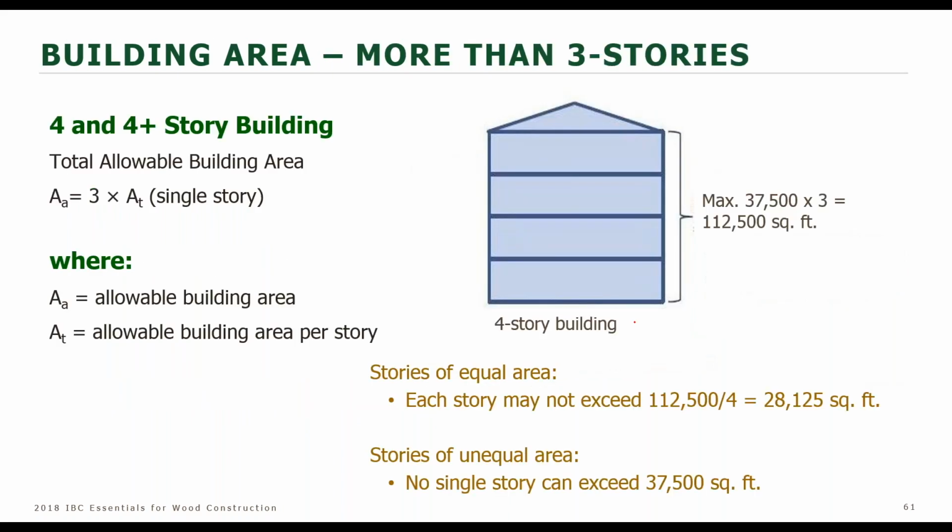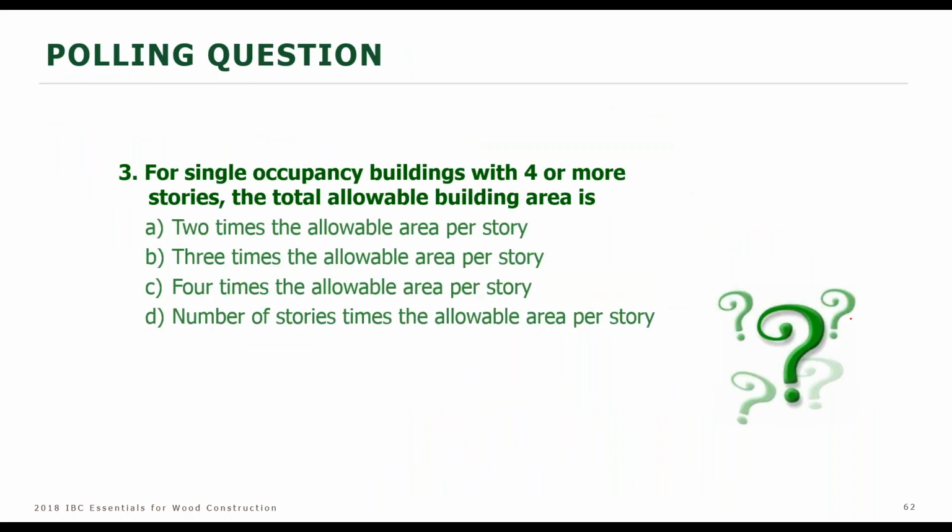So 37,500 per story times 3, you get a total building area of 112,500, but it's got to be split over 4 equal floors. Now you're down to 28,000 per floor. So just remember, allowable area per story times 3 is maximum building area, not building story. Okay.